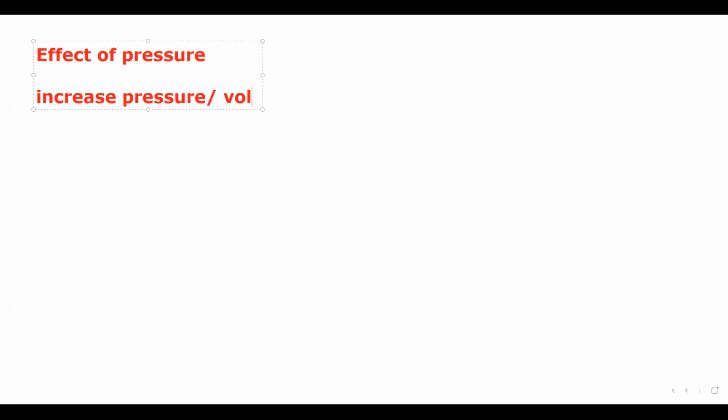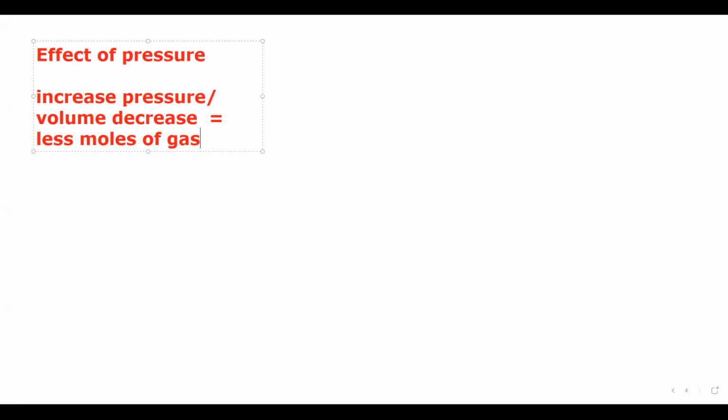So the effect of pressure: an increase in pressure shifts toward the side where, when we increase the pressure, the volume will decrease, and it will shift towards the side where we have fewer moles of gas.